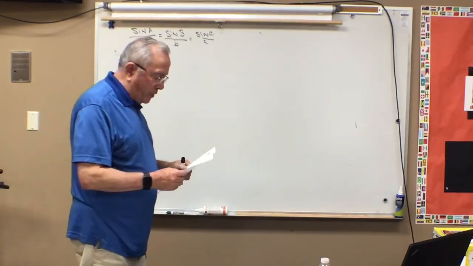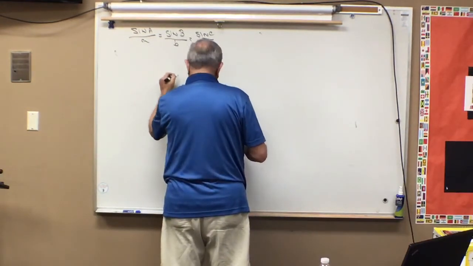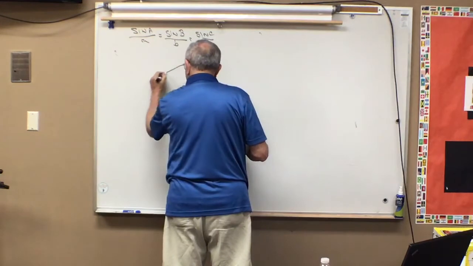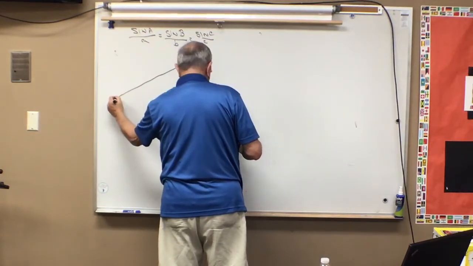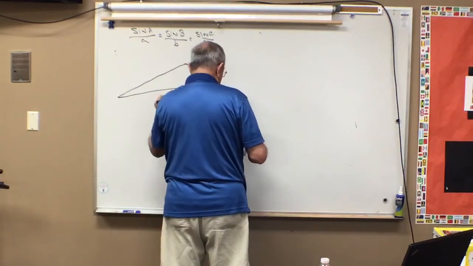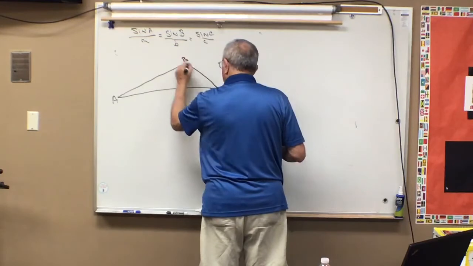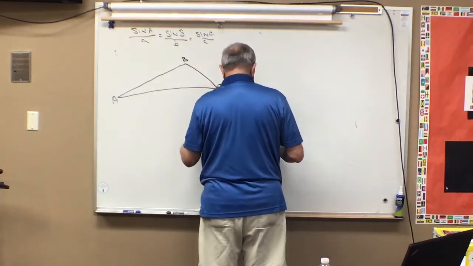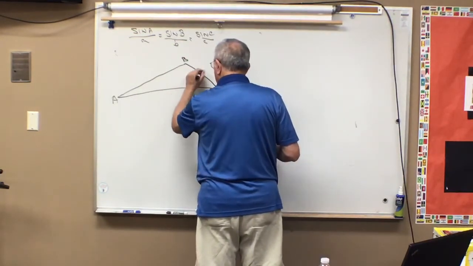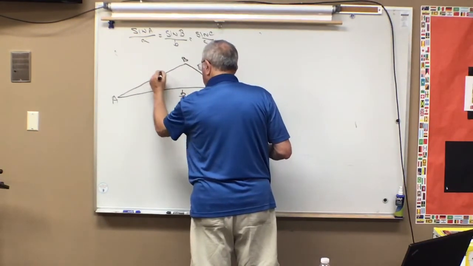Oh, I've got a beautiful drawing here. So this is going to work out good for this. So here's my drawing. And here's A, here's B, here's C, correct? So this must make this little a, little b, and little c.